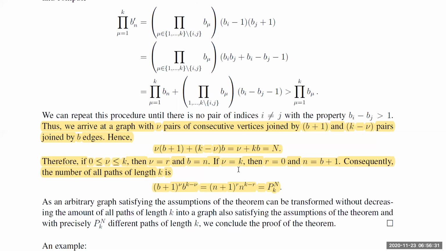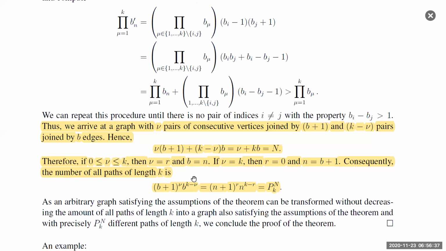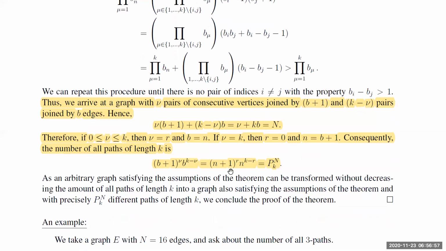So what happens when mu is equal to k? When mu is equal to k, then this part vanishes here, and we have just b plus 1 to k. But b plus 1 is n. So we have just n to the power k on the left-hand side. And what happens here? R is equal to 0, so this vanishes, and we're left with n to k. So this equality holds. Lowercase n to k equals lowercase n to k, because this is what it is if k divides n. All right, so we are done.